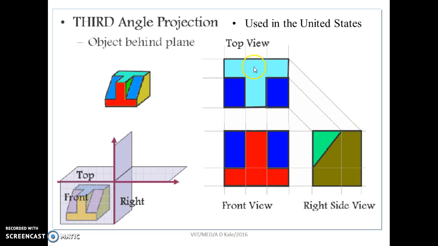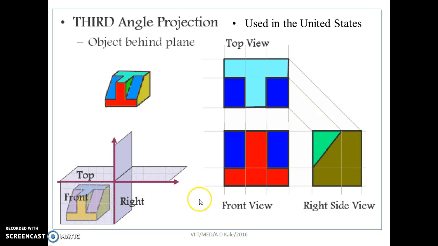In case of third angle projection, the object is kept in the third quadrant. The horizontal plane as well as the vertical plane is assumed transparent.